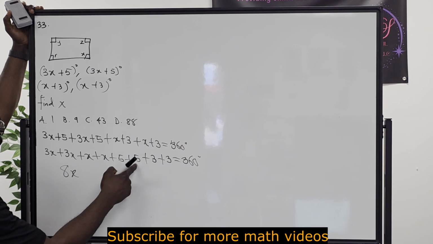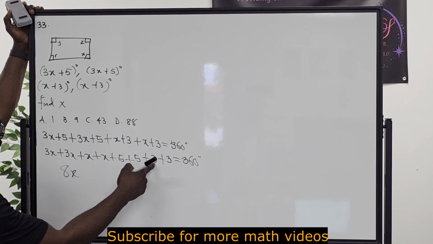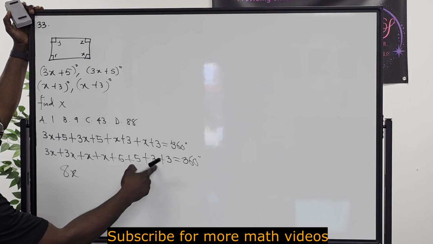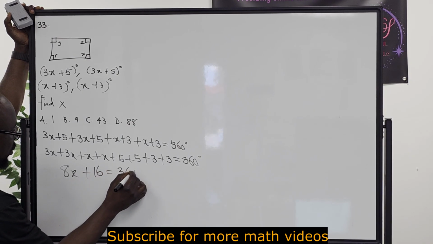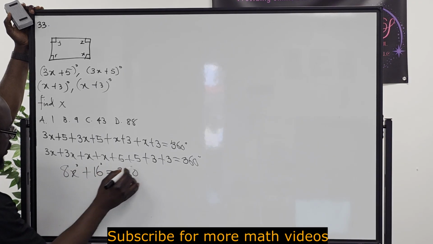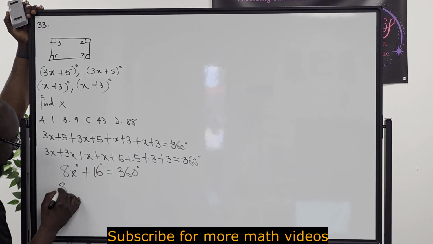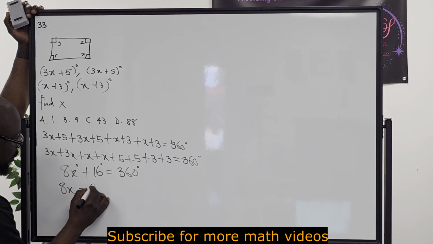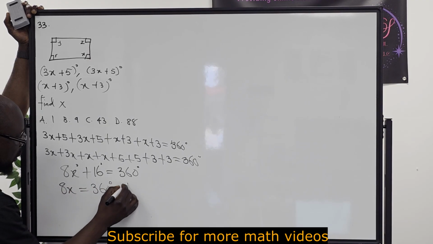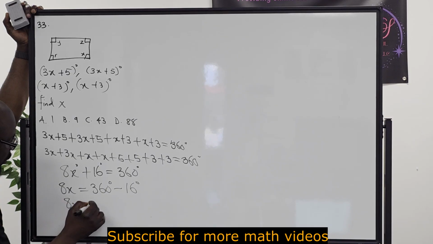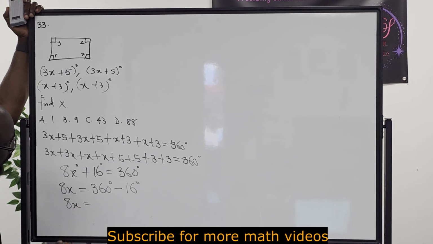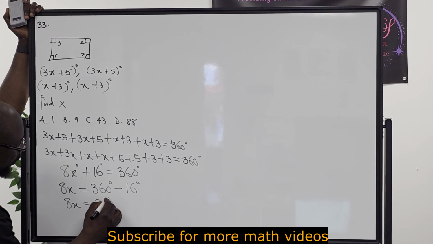And then 5 plus 5 is 10, 10 plus 3 is 13, 13 plus 3 is 16. So you have 16 equal to 360. Don't forget this is in degrees. So 8x is equal to 360 degrees minus 16 degrees. If we put this to the other side, the plus changes to minus. So 8x is equal to 360 minus 16, which gives us 344.